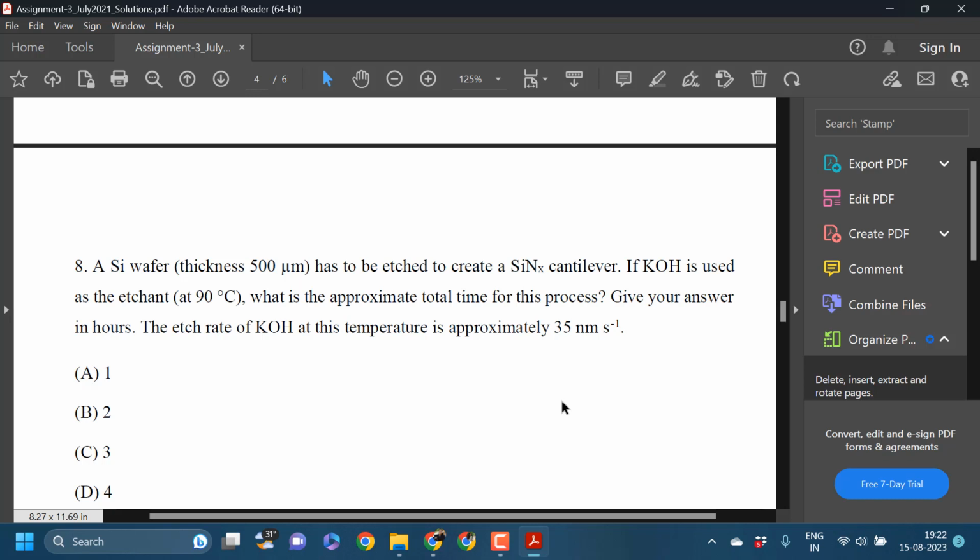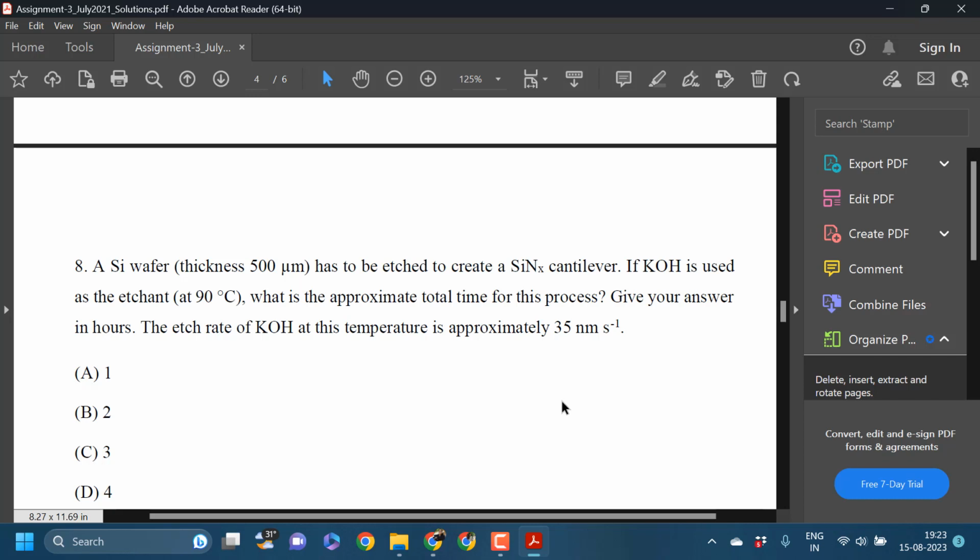Silicon wafer thickness is given to you and the etch rate is also given. So basically you have the wafer thickness, and that thickness has to be reduced into another structure.